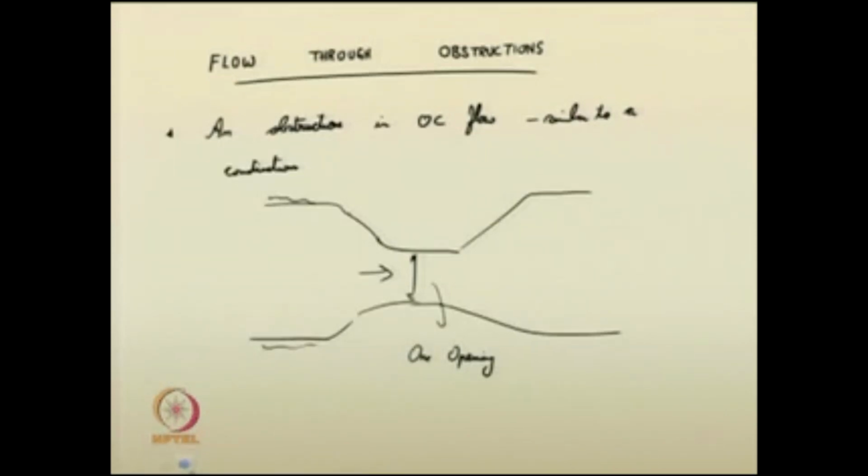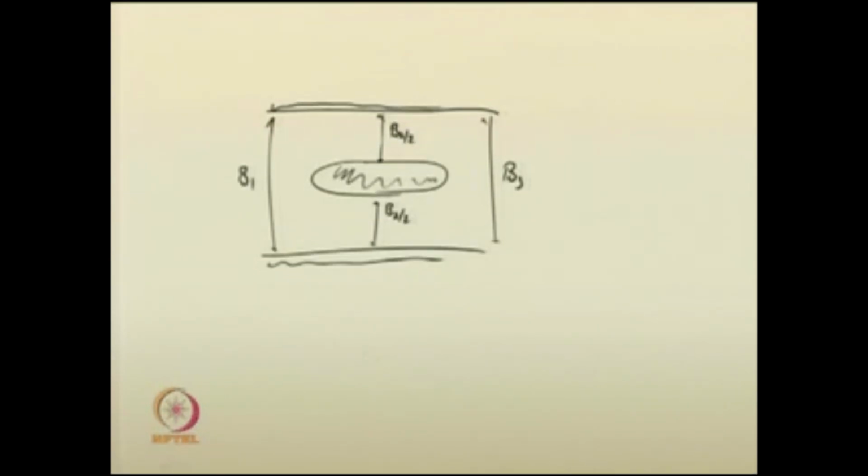In obstructions, say in the stream, if you incorporate a pier like this, the width, let us assume here it is B1, here B3, and here B2 by 2, so you have two openings where the flow is occurring. At least two openings will be there when obstructions are incorporated in the flow.